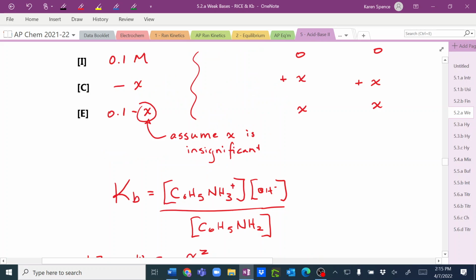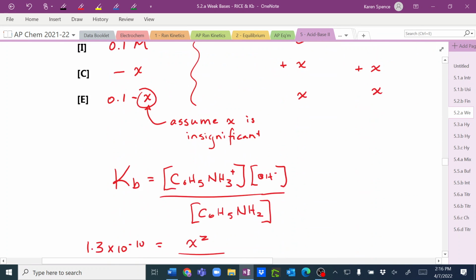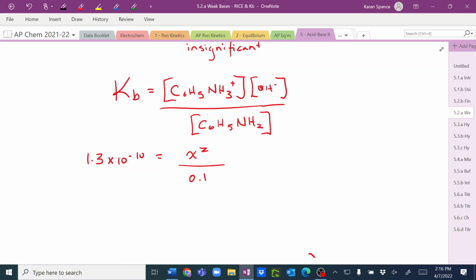It probably is. I got distracted by my page running away on me. 4.3, yes. 4.3 times 10 to the negative 10. And then we just do the algebra, of course. X squared is 4.3 times 10 to the negative 11.